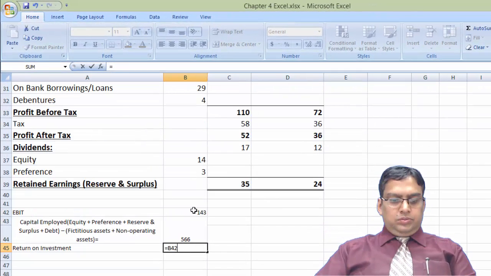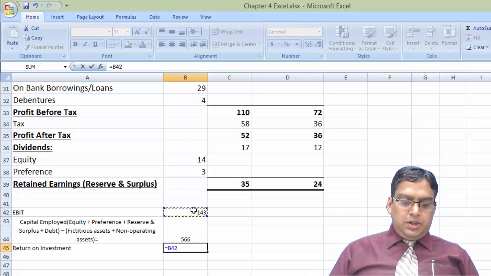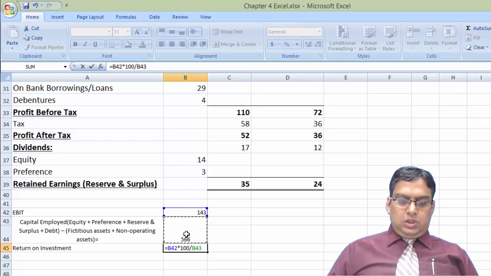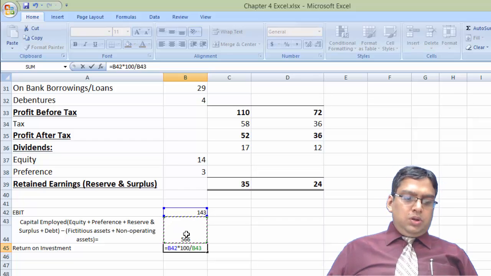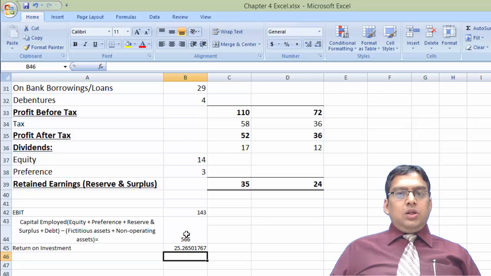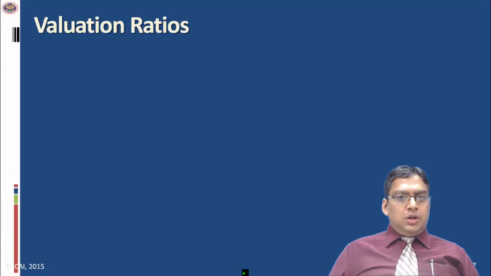EBIT multiplied by 100 divided by capital employed, and that is your output. Return on investment equals 25.26%. Next is valuation ratio.